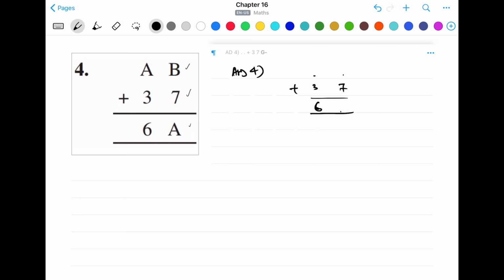Now by looking at this question, something is added to 7, we are getting A, and that A is added to 3, we are getting 6.